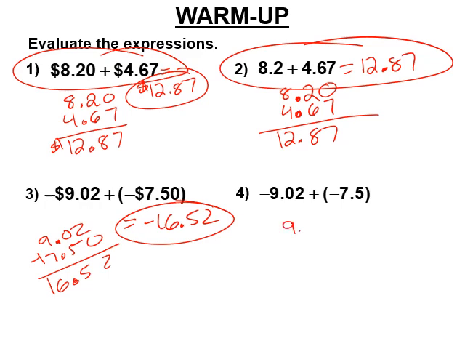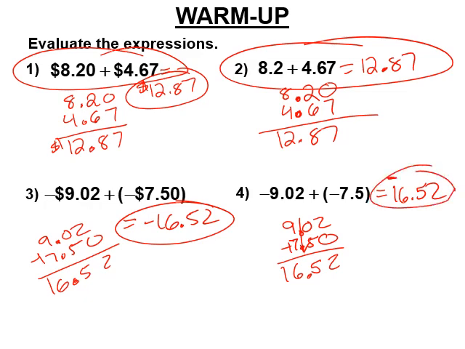So the other one is the same, right? You line up the decimal points. You can put a 0 there, but the only reason you're putting a 0 there is so everything lines up. And they're both negative, so it is negative 16.52. And some of your teachers last year, quite correctly, would have made you say that is negative 16 and 52 hundredths, right?